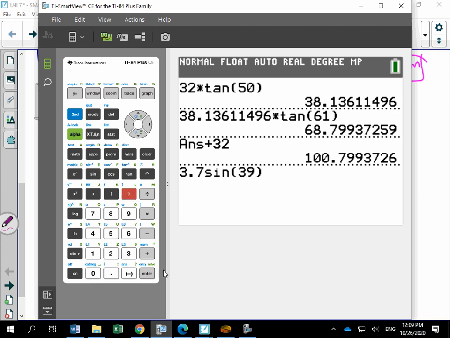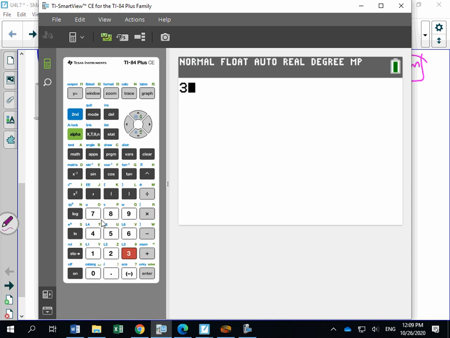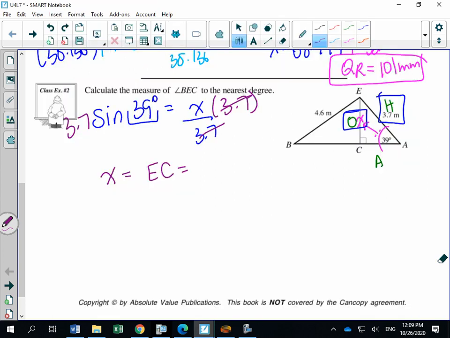I'll keep this stored in my calculator because I'll probably have to use it for something. Actually, I'm just going to clear everything. So 3.7 times the sine of 39 degrees. And we should be getting 2.328 dot, dot, dot.